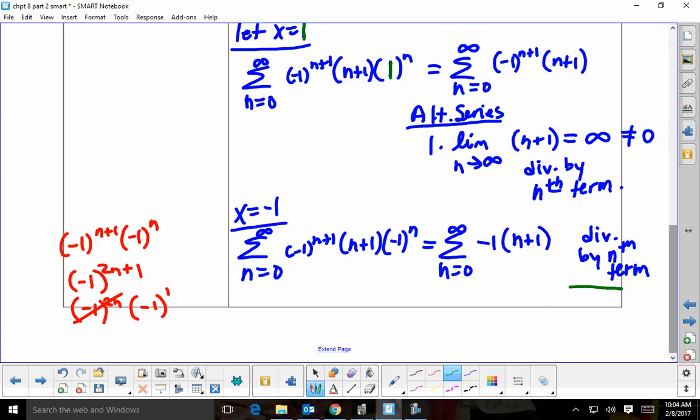My overall answer is -1 is less than x is less than 1. If one of them converges, like let's say I had a less than or equal to here, does that mean the other one has to converge? No. They're independent. One doesn't affect the other here. So you could have a whole mismatch of things.